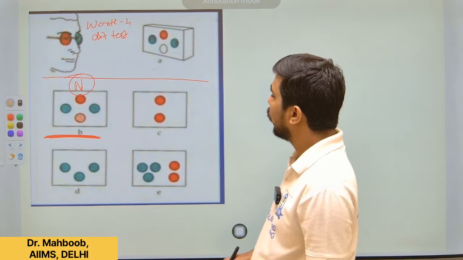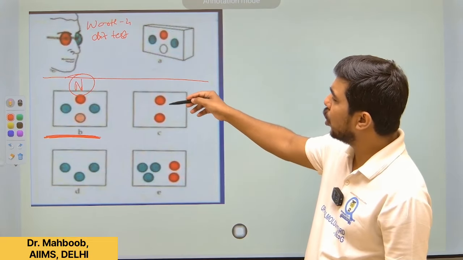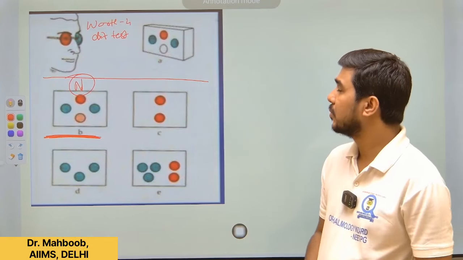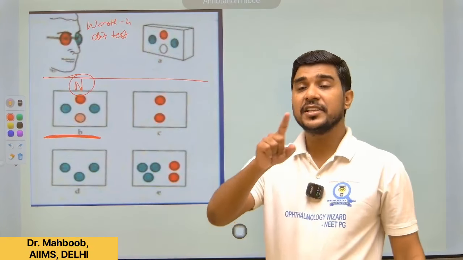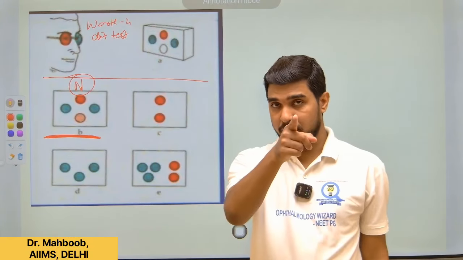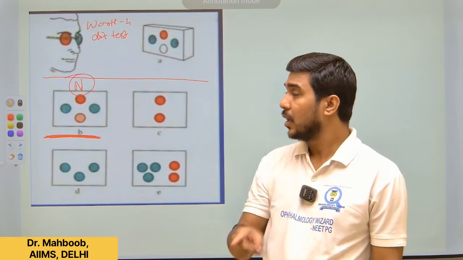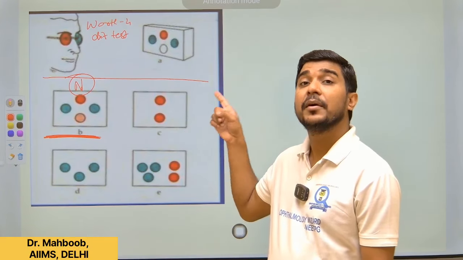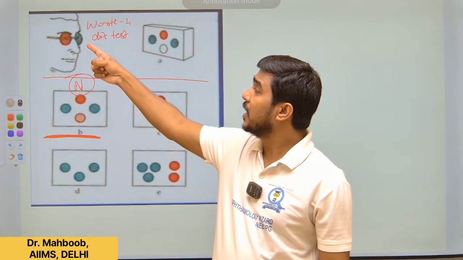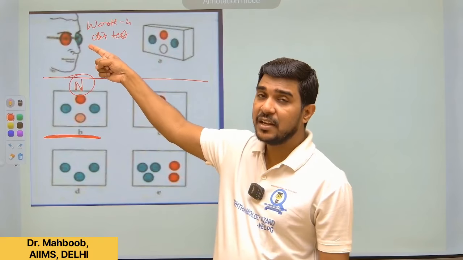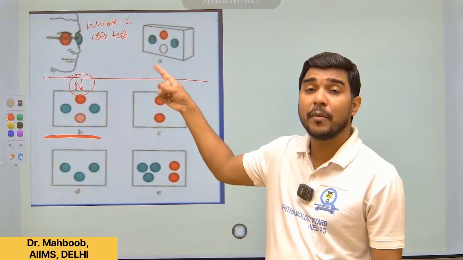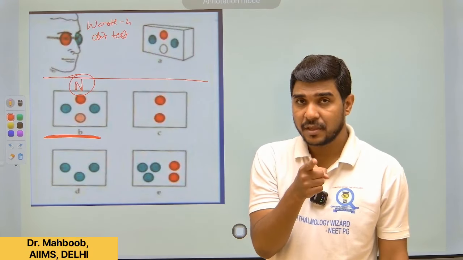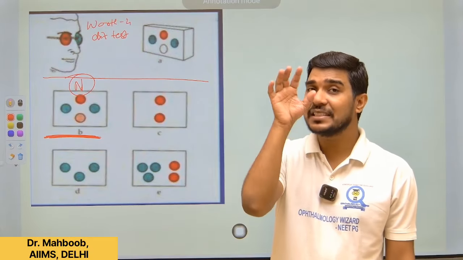But when the patient is seeing only two red dots, that means the patient is not able to see the green dots, right? There is no green dot here, meaning the green lens is on the left side, so the left eye is not forming any image. That means the left eye is suppressed.